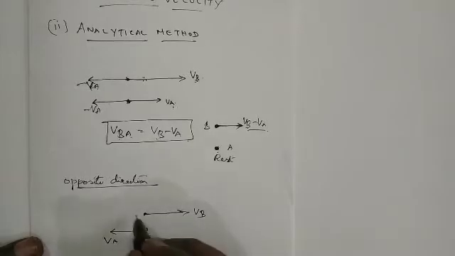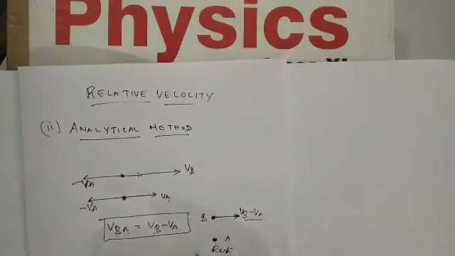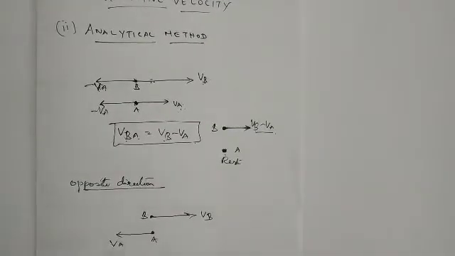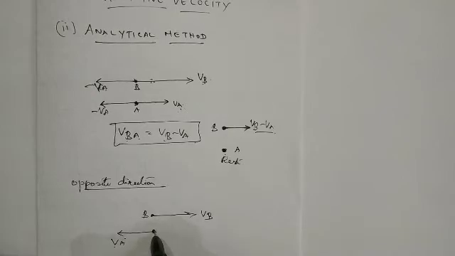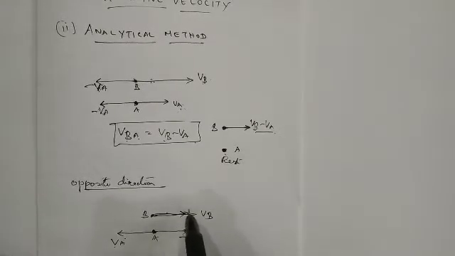This is A and this is B. The same method continues: impose equal and opposite velocity of VA on both A and B. To find the relative velocity of B with respect to A, VBA, impose equal and opposite velocity of A on both A and B. This is the direction of minus VA, and the same direction and same value we need to impose on B also.